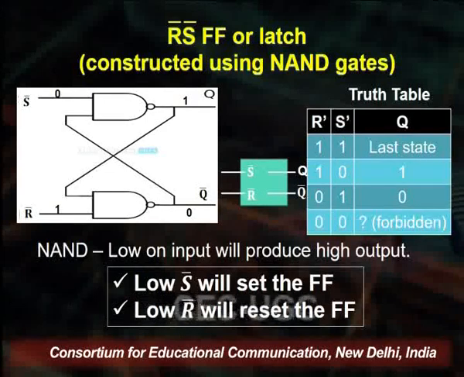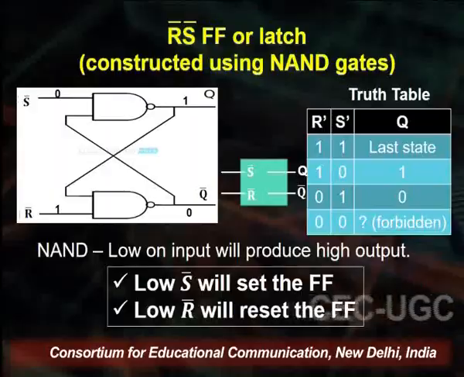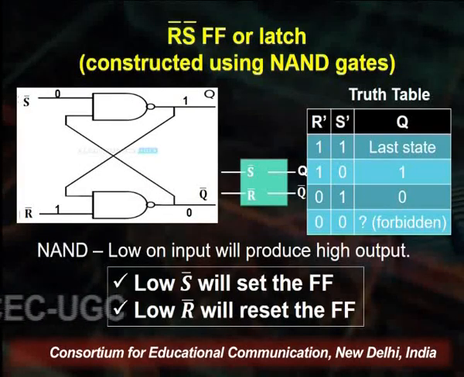What we noted in our class was when S and R both were 0 0, then the output of the SR flip-flop was retained in the last state. That is, whatever state was stored in the SR flip-flop during its last occurrence was retained in it.